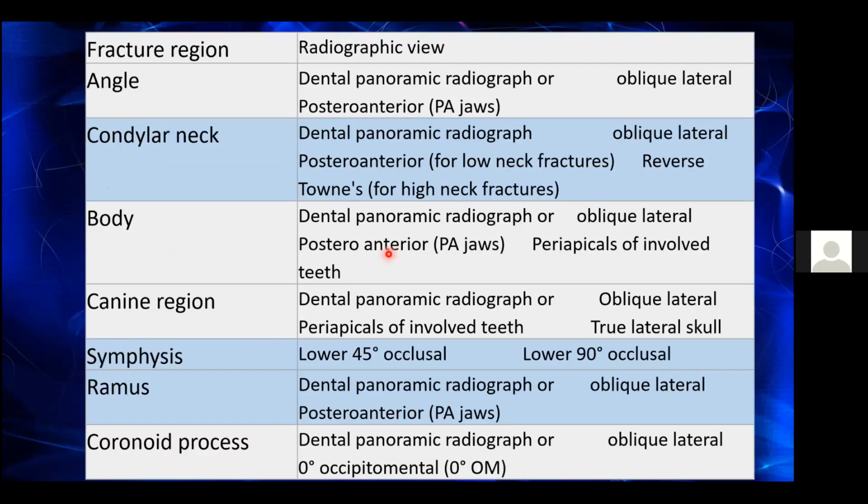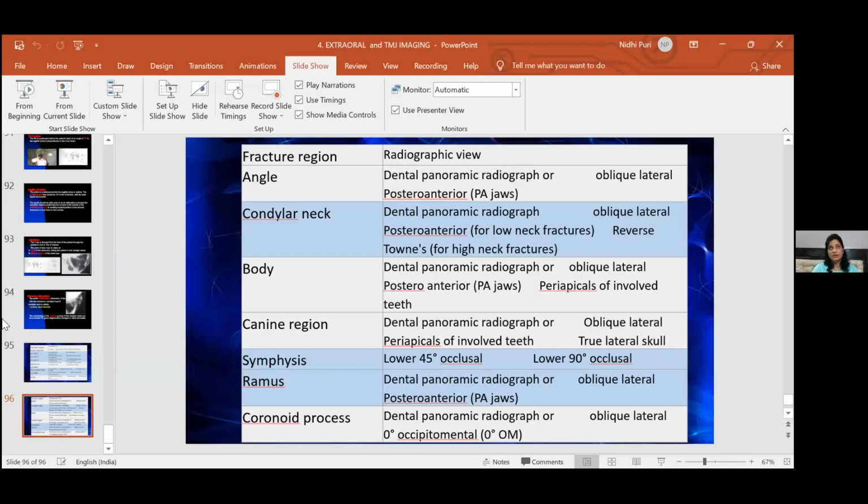For condyle, Towne's and reverse Towne's. OPG is there definitely. For ramus and body, projection lateral obliques. So read it, I have already discussed it 2-3 times. The way to remember this chapter is indication and radiograph. A radiograph is given, what is the indication, and you have to identify the views. That is important.